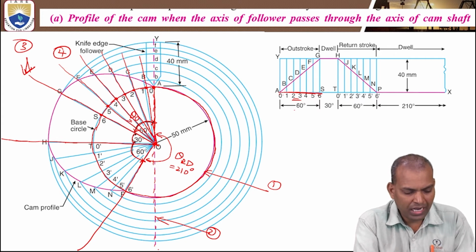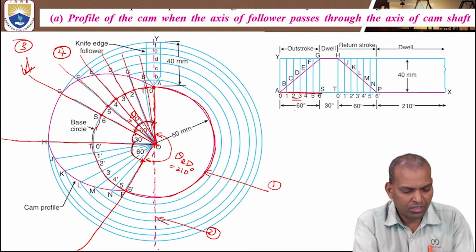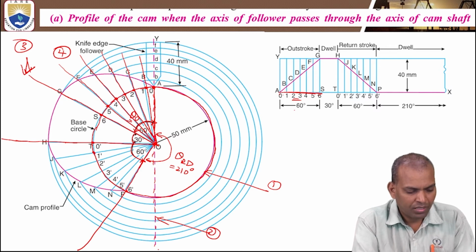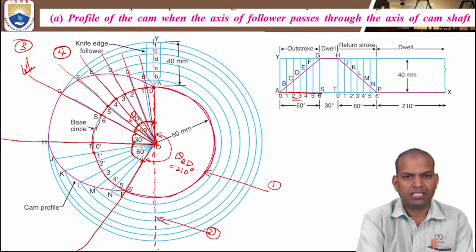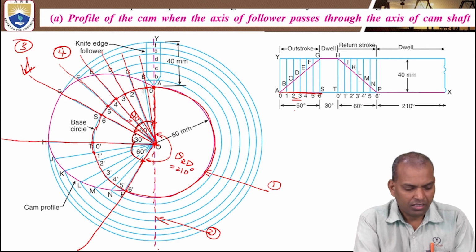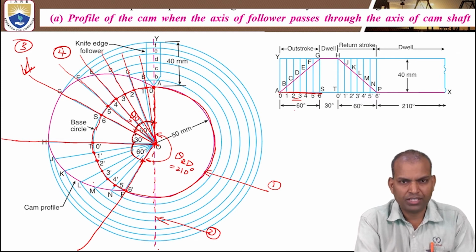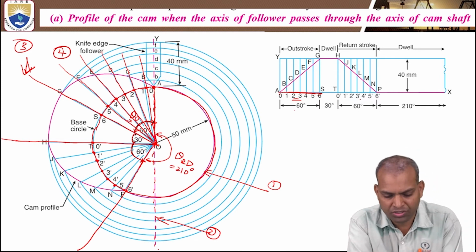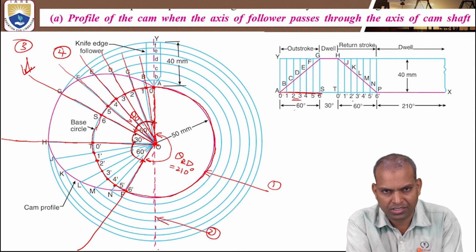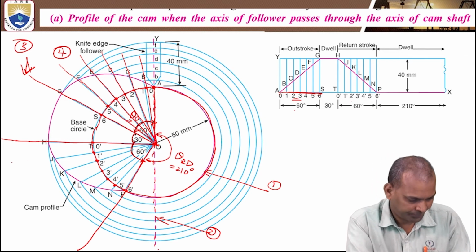Then the return stroke has 6 equal parts. Divide this again into 6 parts. That is 60 degrees, 60 by 6, that is 10. That means 10 degrees each part. And mark the points 1, 0 dash, 1 dash, 2 dash, 3 dash here. Same number of partitions, that is 6 and 6.